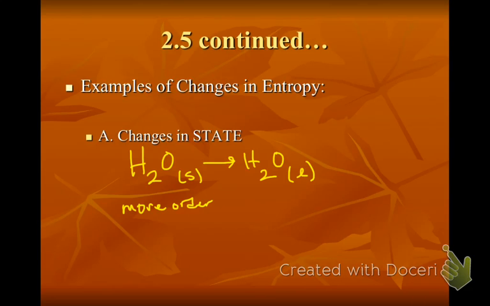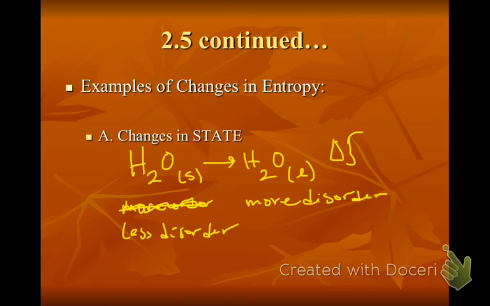They're moving around more. They have more energy. They're kind of haphazard. So, excuse me, I'm going to change this so it says more disorder over here and less disorder, which is the same as more order, but you can get yourself really confused. I always just stick to the disorder term. So if I go from less to more, that means your delta S, that's a terrible S, your delta S is increasing. You have more disorder.